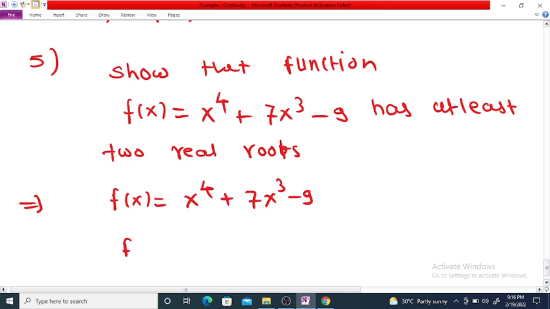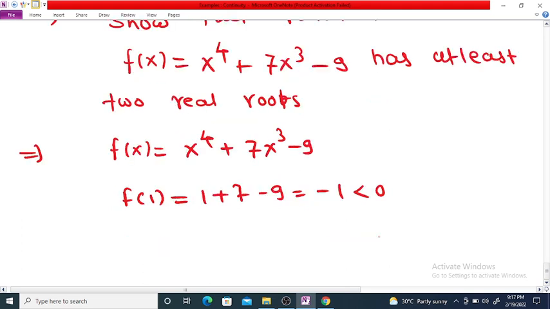Here if we consider f(1), it is 1 plus 7 minus 9, equal to minus 1, which is less than 0. And if we consider f(2), then it is equal to 16 plus 56 minus 9, which is greater than 0.